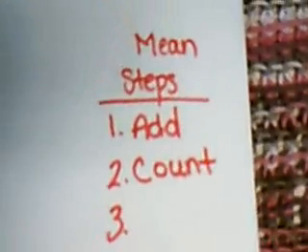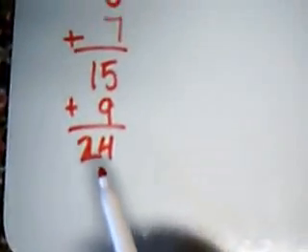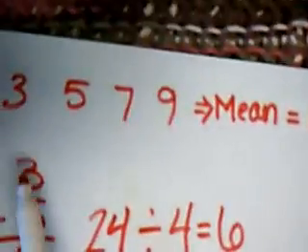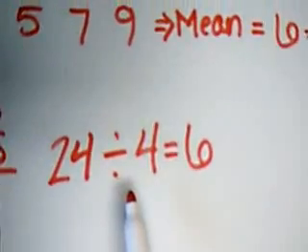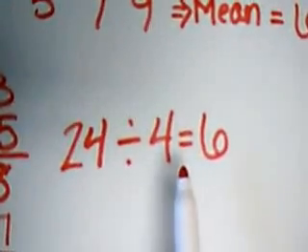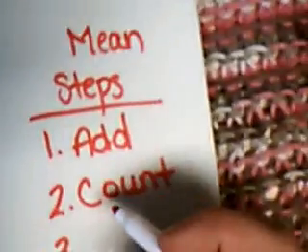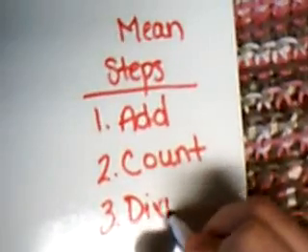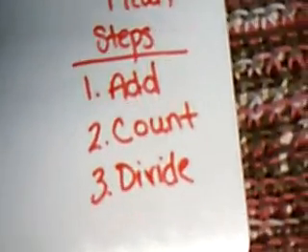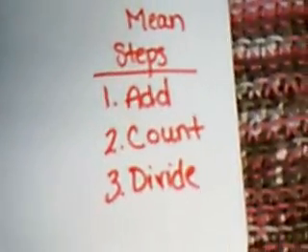Okay, step number 2 is count. Now, as you can see, what we did was we took this sum and the amount of numbers that we had, and we divided them. So 24 divided by 4 gave us our average, or our mean, 6. So the last step that we need to do is divide. Okay? So the mean steps are add, count, divide.